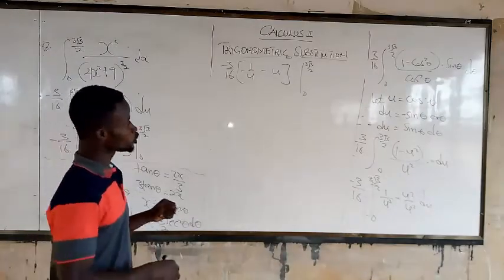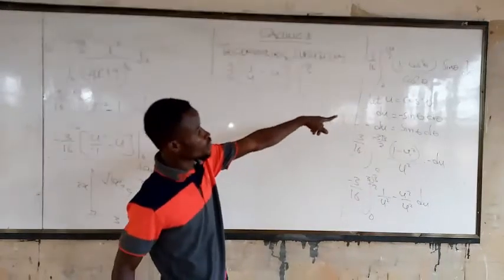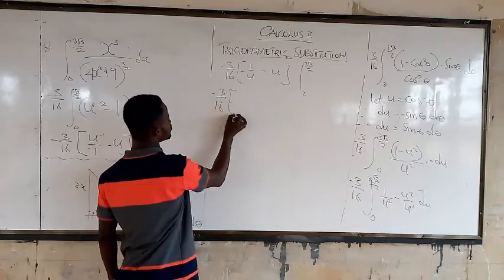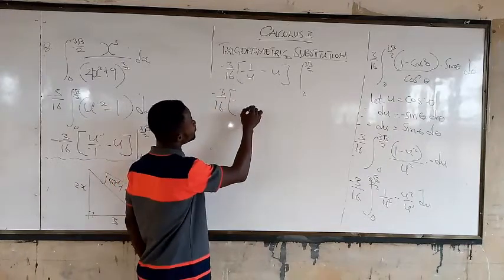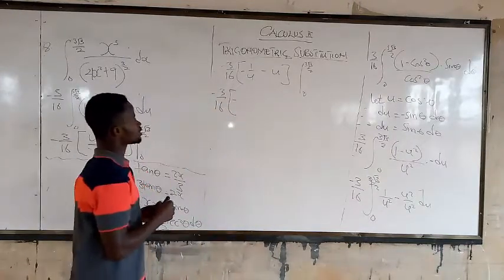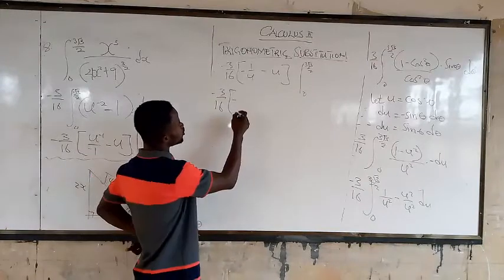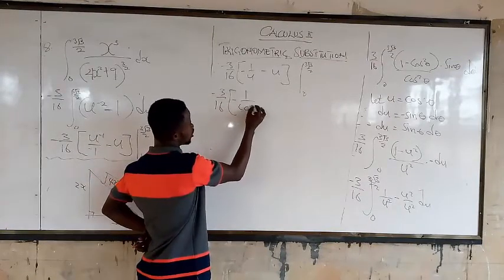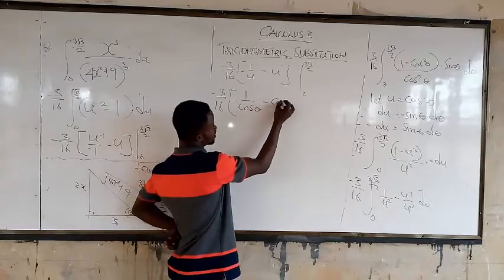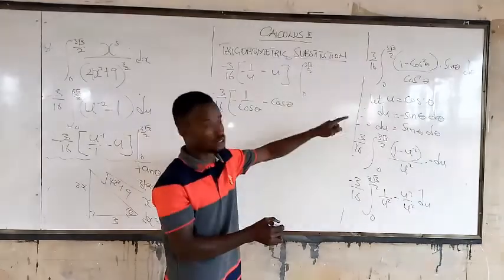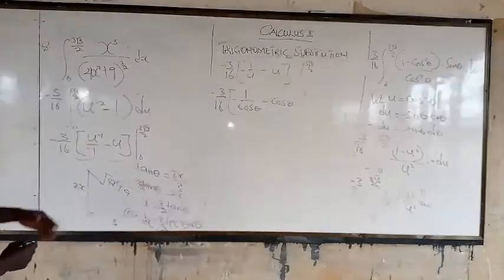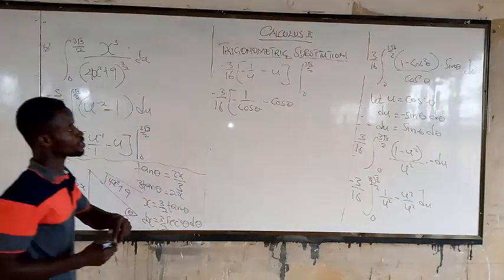We know that u is what? u is cos theta. So negative 3 over 16, and here we get 1 over cos theta minus cos theta, because u is cos theta. No problem here.